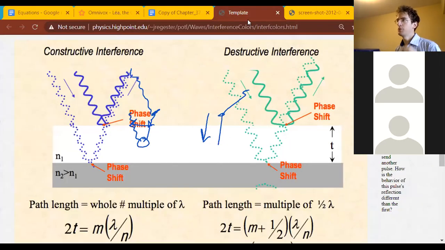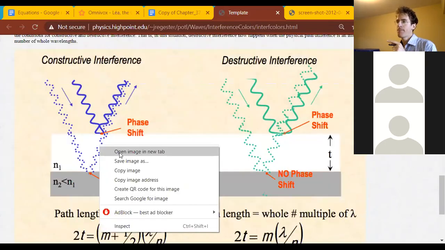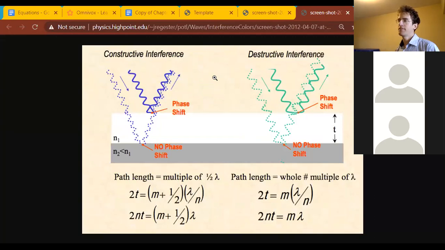Now, there's another case though, where one emerges out of phase and the other one doesn't. This happens if the medium here, let's call these media N0, N1, N2. So this ray here undergoes a phase shift because it's hitting a wall. N0 is smaller than N1.